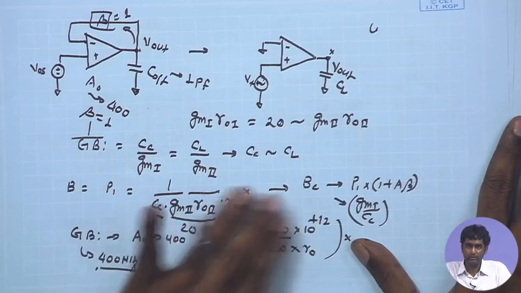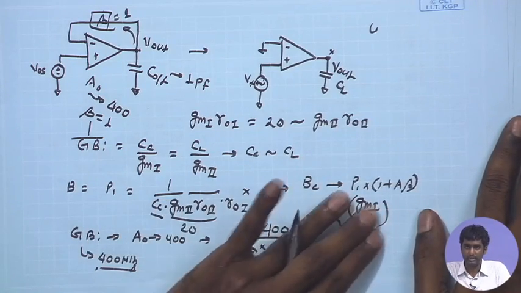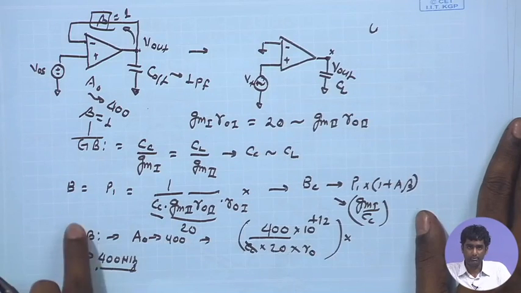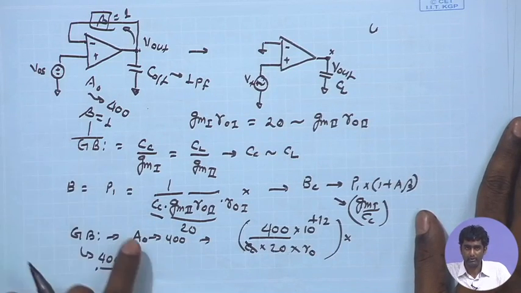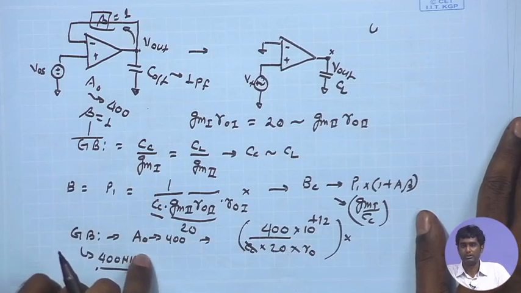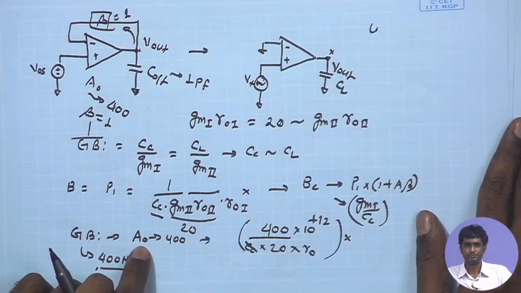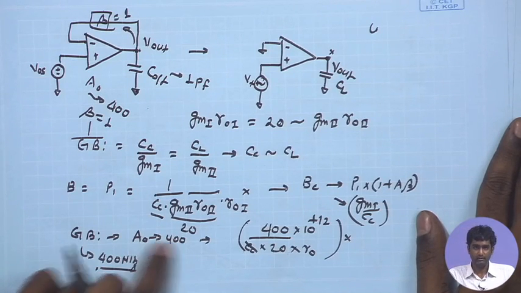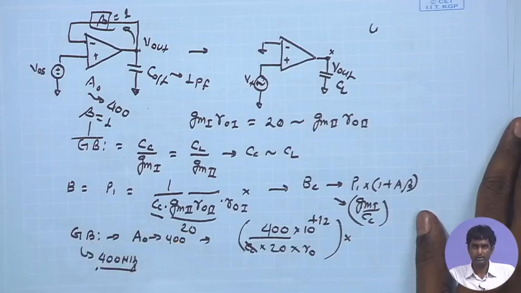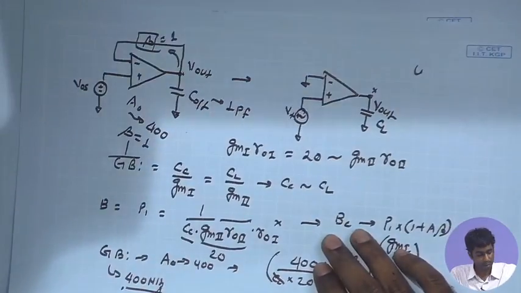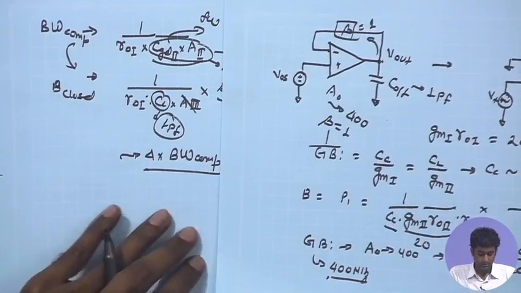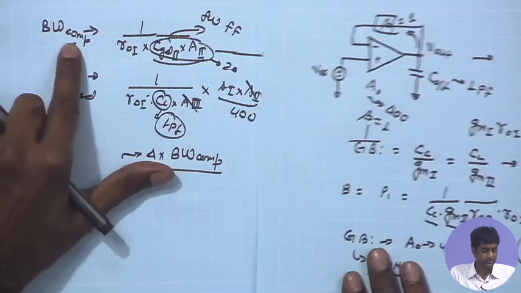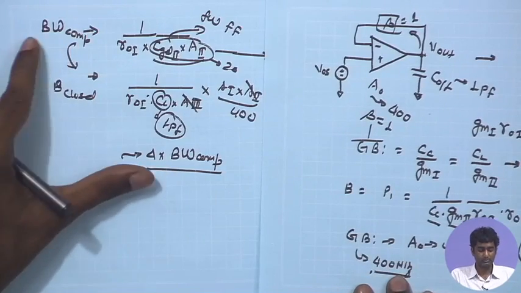But we also have that in the closed loop we have this 1 plus A beta factor coming in, and then we put in the A0 value, which is not changing for the overall amplifier. It is remaining unchanged. So, that number we already have, and based on that we are trying to estimate what the resulting bandwidth is.